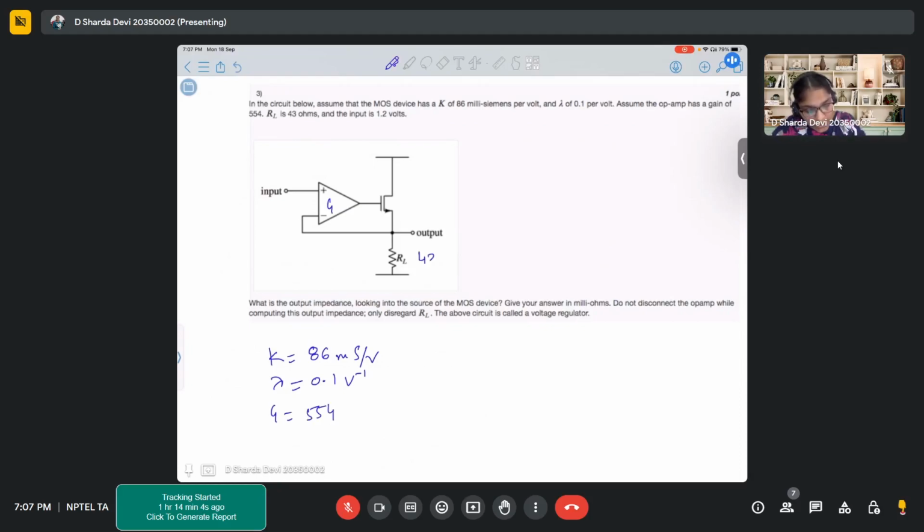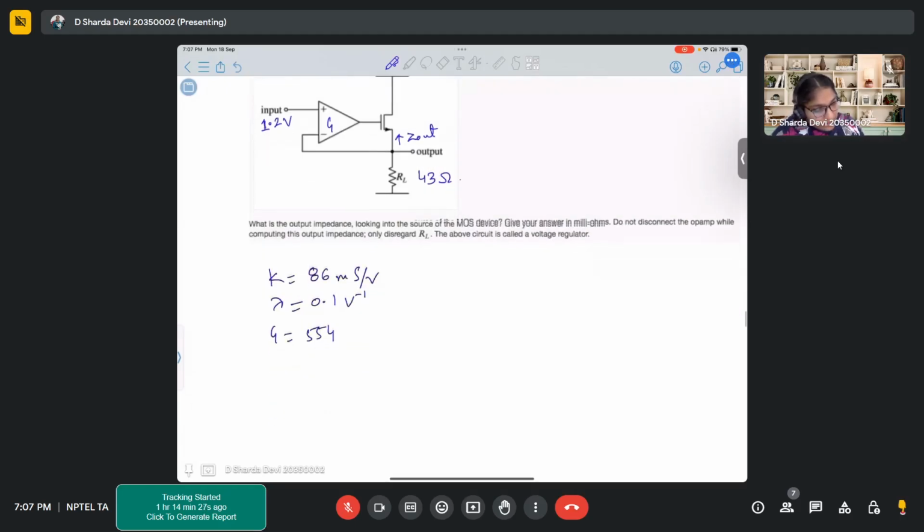RL is 43 ohms and the input voltage is 1.2 volts. Okay. What is the output impedance looking into the source of the MOSFET device? Give your answers in milliamps.